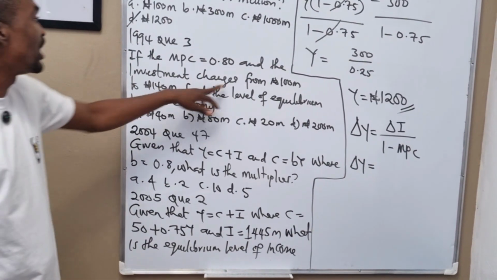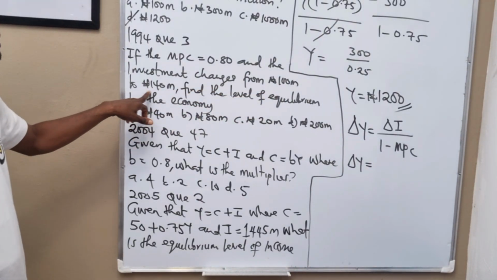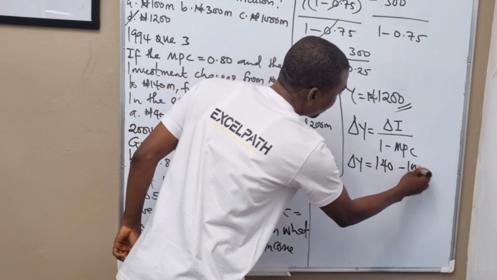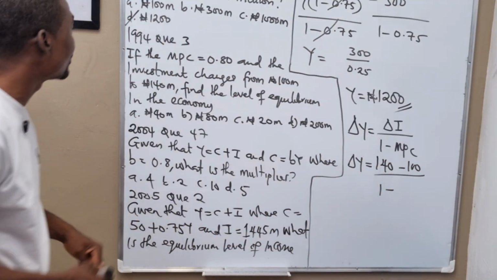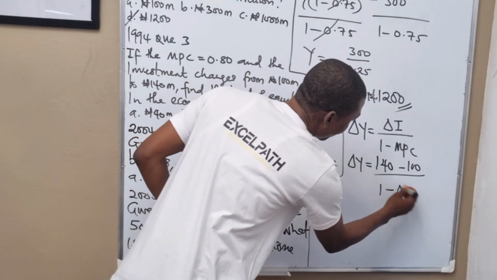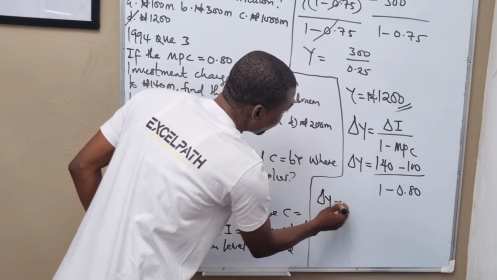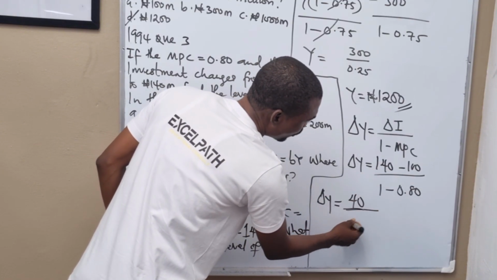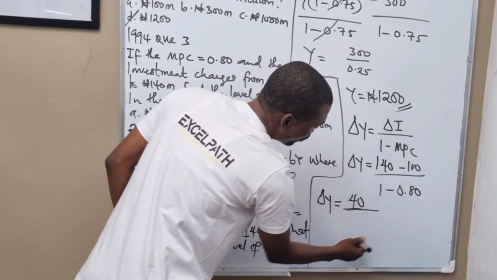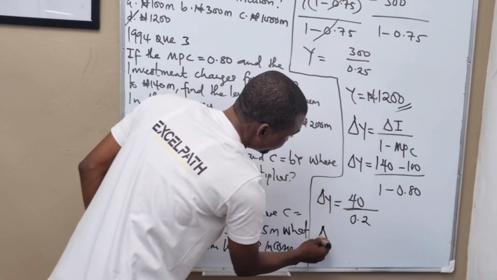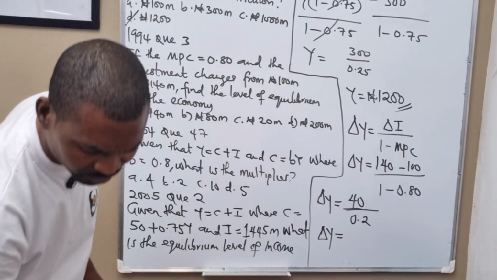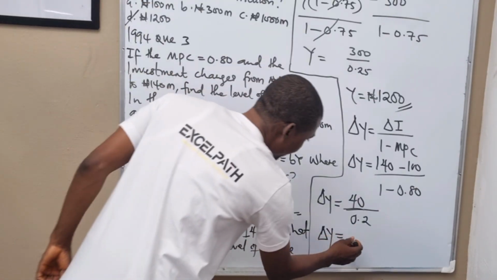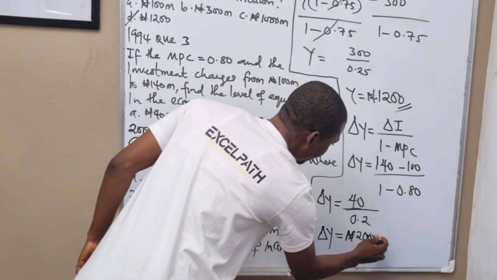Now investment changes from 100 million to 140 million, that's 140 minus 100, all over 1 minus the MPC given in the question, 0.80. So change in Y will be 40, that's 140 minus 100, all over 1 minus 0.80, which will give us 0.2. Final answer, 40 divided by 0.2 will give us 200 million.